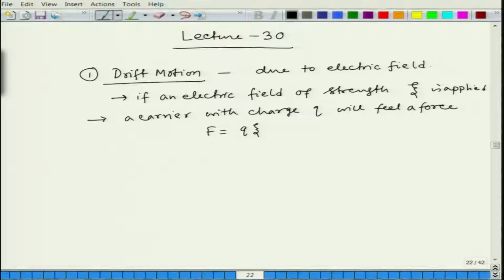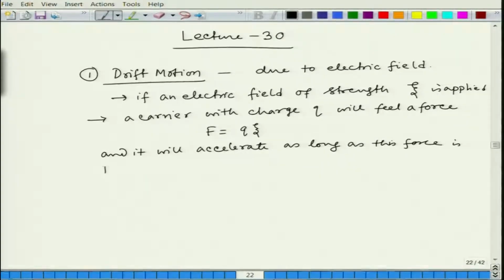So, this is just like Newton's law. Here the mass and acceleration are replaced by charge and field, okay, and it will accelerate as long as this force is present, right.